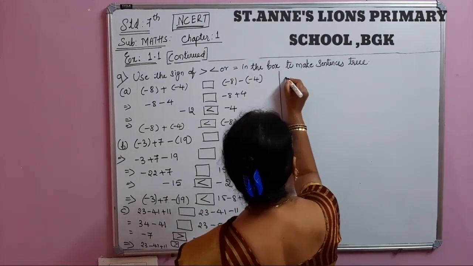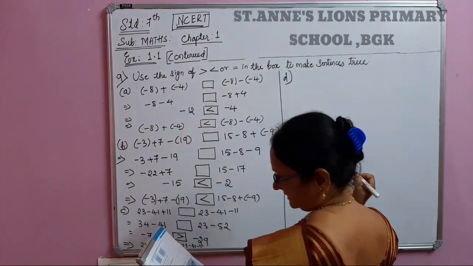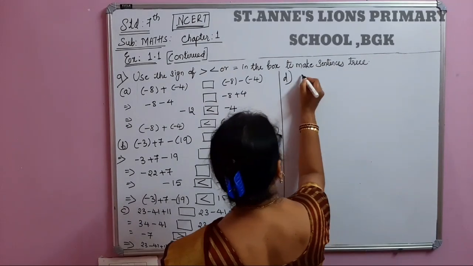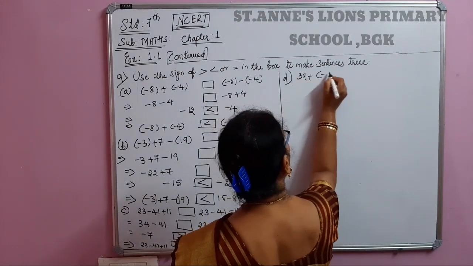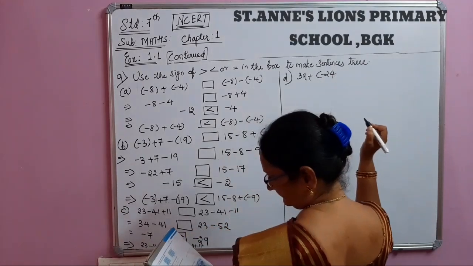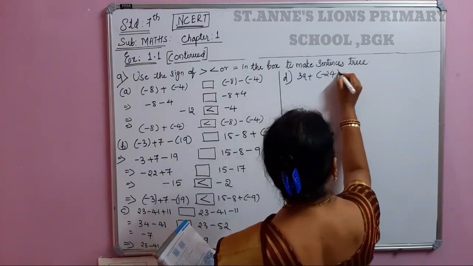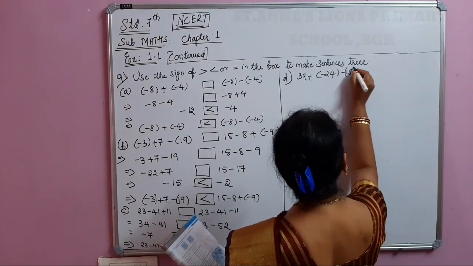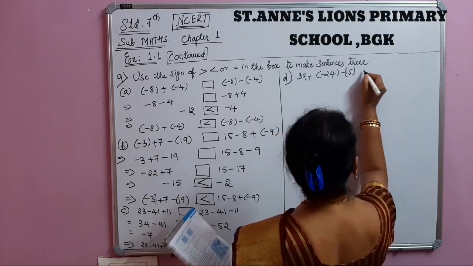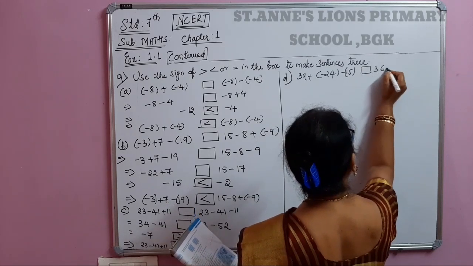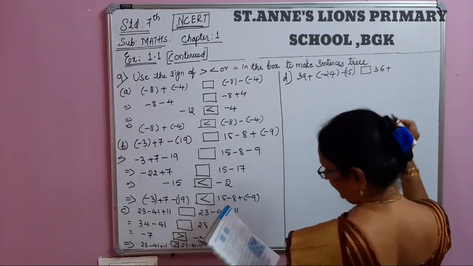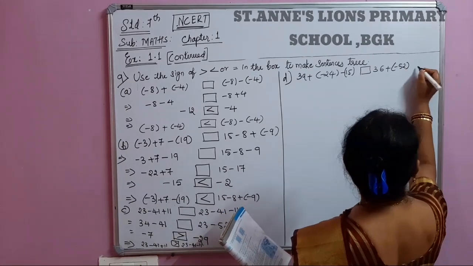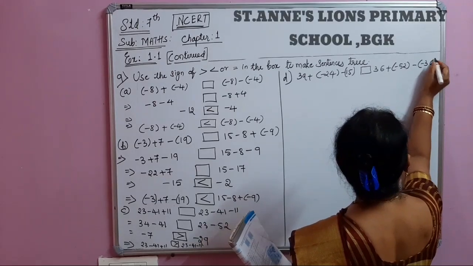Okay, next D. D1 is 39 plus minus of 24, bracket complete, minus 15, box, 36 plus minus 52, minus of minus 36.